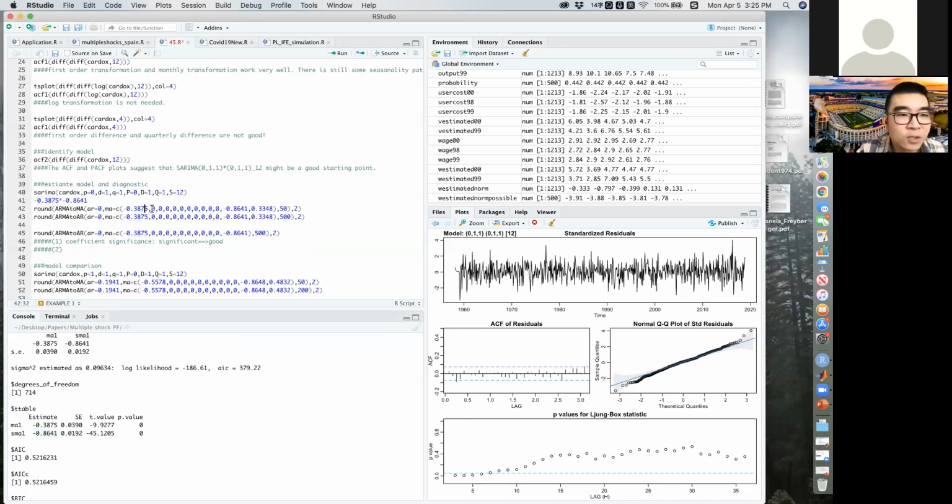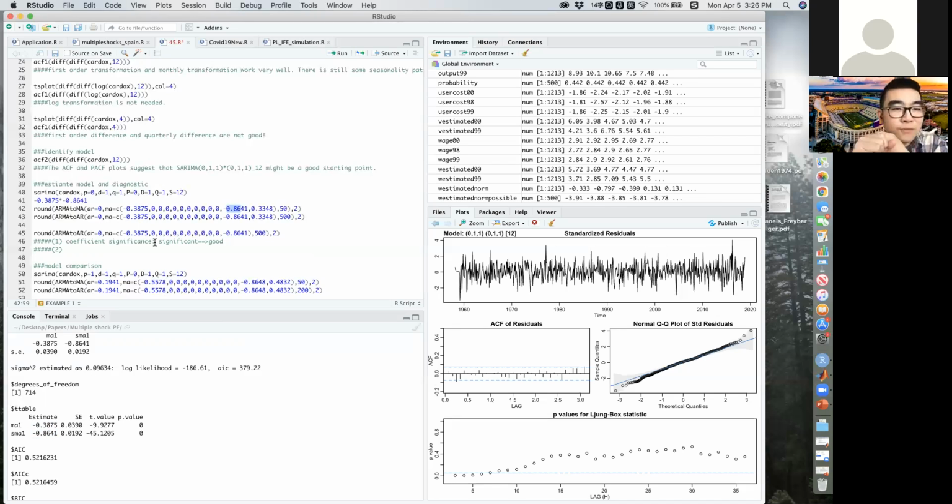So we put lags 2, 3, 4, 5, 6, 7, 8, 9, 10, 11, all these coefficients equal to 0, and the coefficient at lag 12 is equal to negative 0.8641. So that's part number 2.